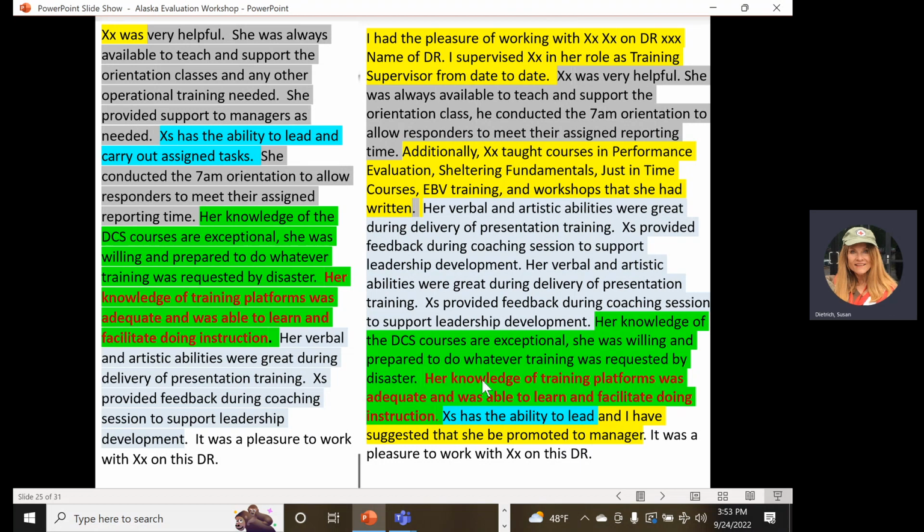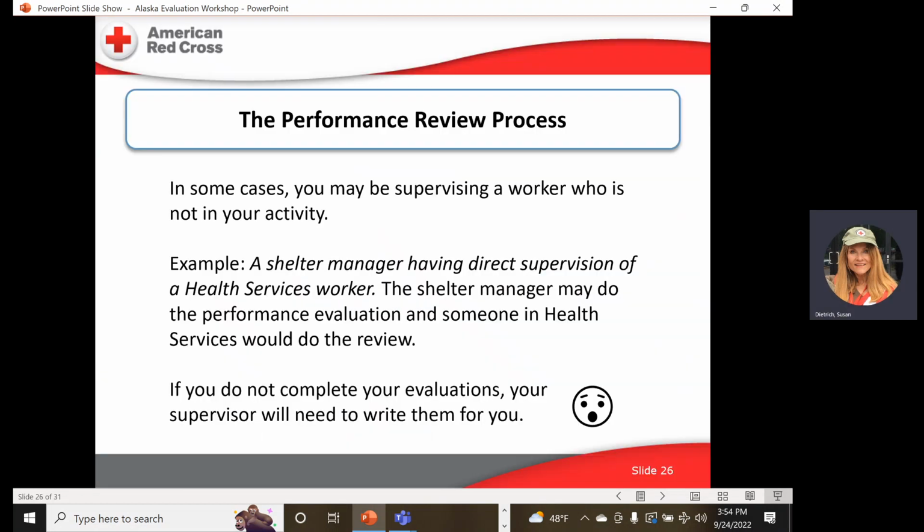Nonetheless, she had the ability to lead, and she's suggested to be promoted to manager. We would leave that out if it said stay at the same level. But if you're saying, I recommend that they move up to the next promotion level, then you want to put that in there. And again, the salutation of it's a pleasure to work with them. A good goodbye.